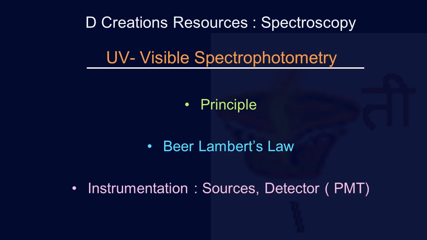Now, in case of the light source, we need two sources, one for ultraviolet light and the other one for visible radiation. Usually deuterium lamps are used as a source for ultraviolet light, and it's usually a gas filled tube. As you must be aware, deuterium is a heavy isotope of hydrogen.